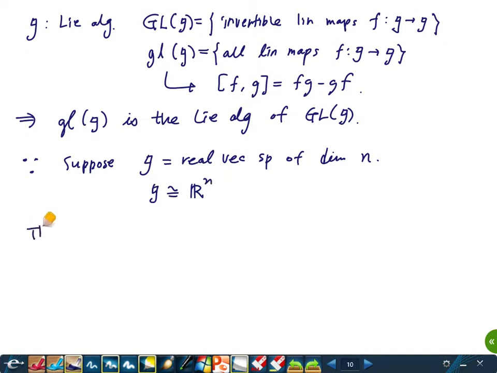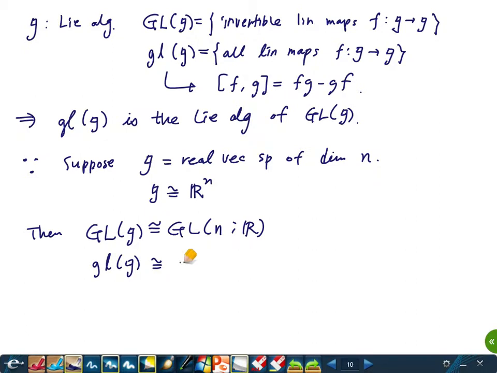Then what is this? GL(𝔤) is nothing but a general linear group of n by n matrices over R, or maybe like that. gl(𝔤) is the general linear algebra, but we've already seen that this is the Lie algebra of this. So I just replaced this vector space by a Lie algebra, but we are only using the vector space structure there, so that's okay.